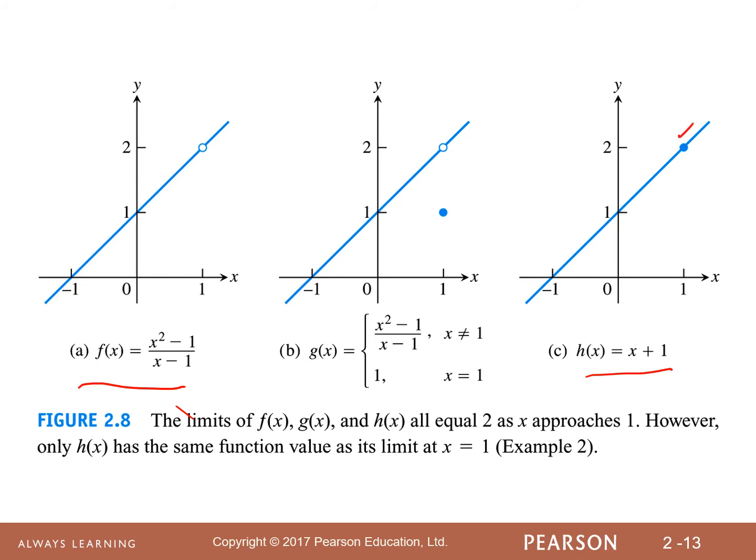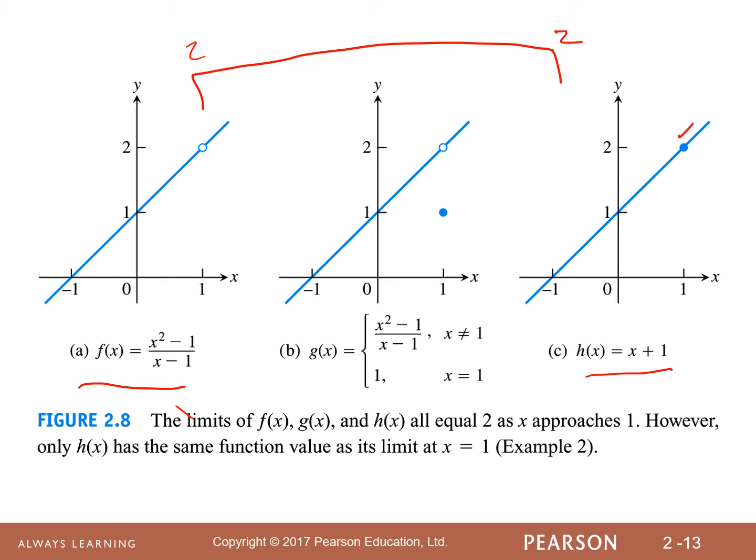We have f of 1 as part of the function. Over here, 1 is not part of the domain, so f of 1 is not defined, okay? F of 1 is not defined, right? Regardless, the limit of this and the limit of this, both of them have a limit equal to 2, right? Yes. We just proved it, correct?